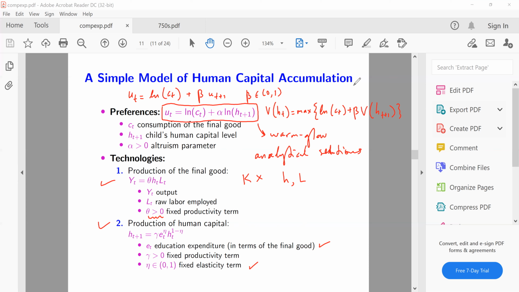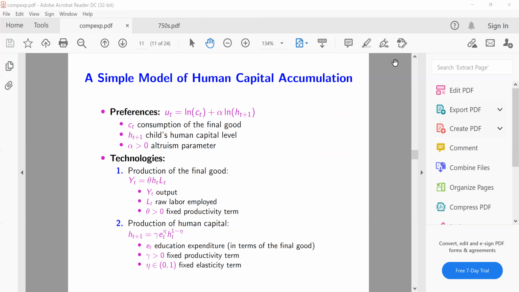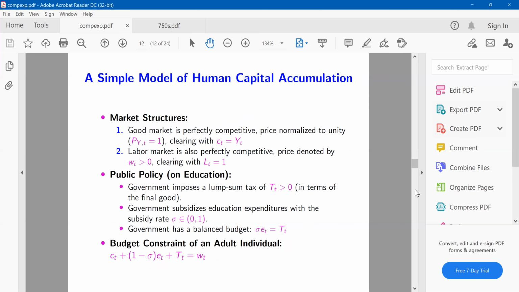So as you see, it's a very simple model. Now, market structures. We want to assume that the good market is perfectly competitive. So here we assume price is normalized to unity, because this is a general equilibrium model, and eventually one of the markets is going to clear through the Walras law. And there's also the labor market, and we assume the labor market is perfectly competitive as well.